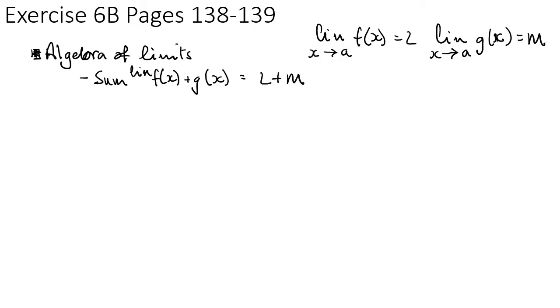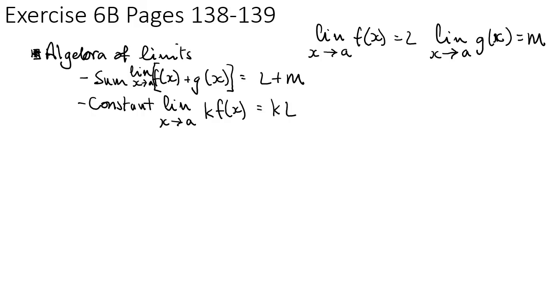We've also got one where we've got a constant. If I'm finding a limit as x tends to a of a constant times a function, then I can just multiply its limit by that constant.